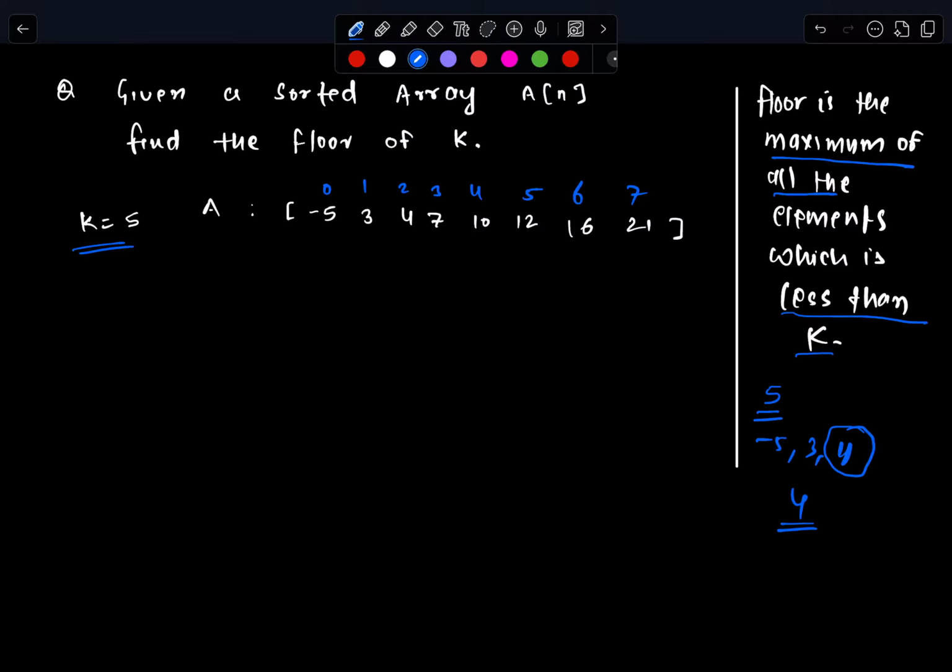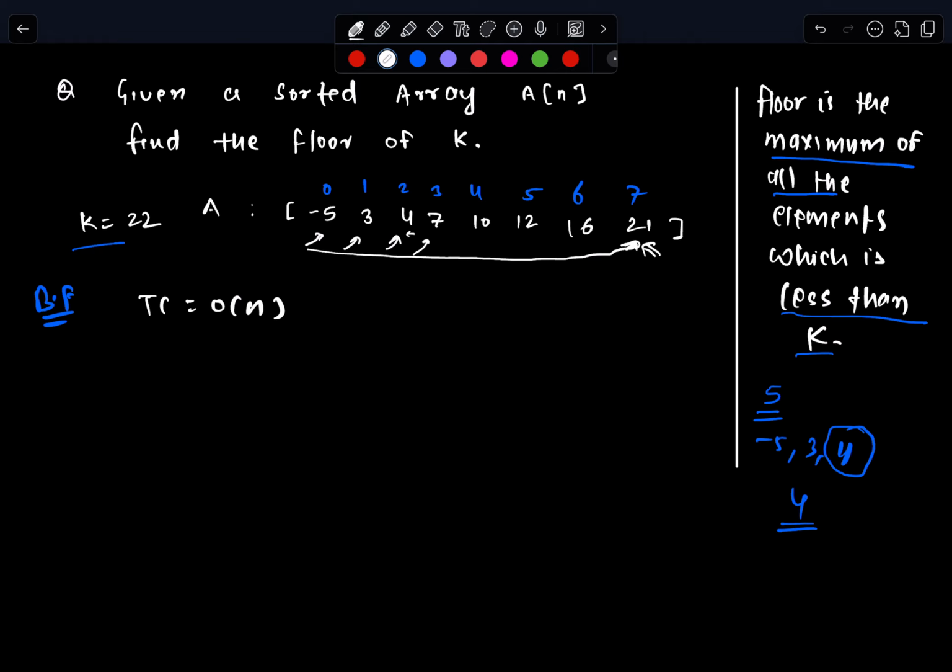So how to approach this question? Let's talk about the brute force approach. The brute force approach is that we have to iterate over every element one by one. Okay. And if we find our element which is equal to or greater than K, we will return the previous answer. So in this case, the time complexity is O of n, because let's say if my K is 22, we have to iterate all the elements till the last. Okay.